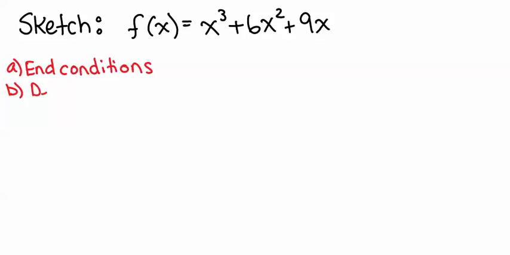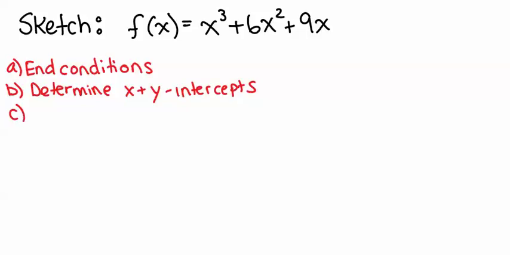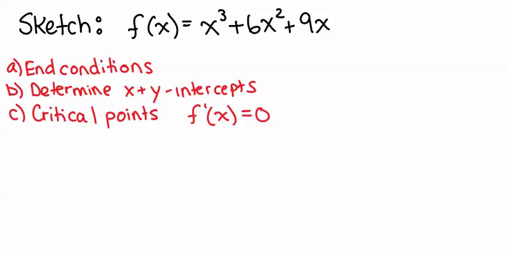Second step, determine your x and y intercepts. And third step, do some critical point stuff. You can use your first derivative equal to 0 to help you find your local max and mins.